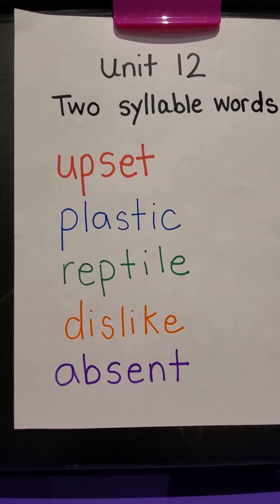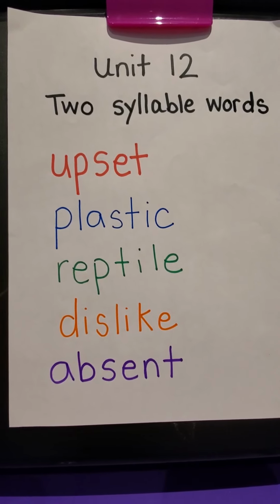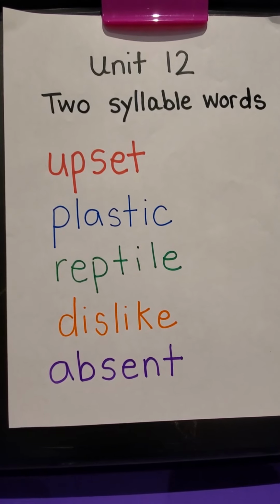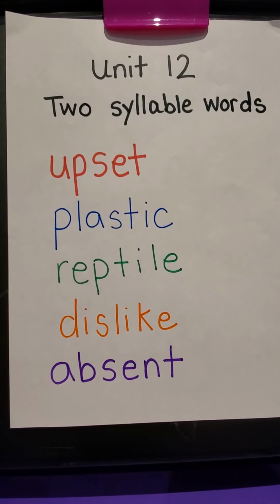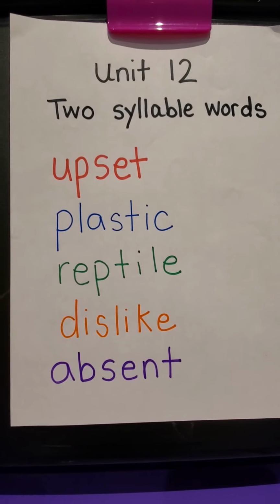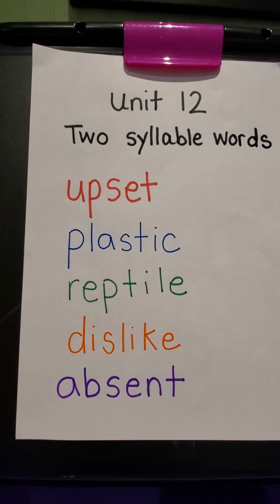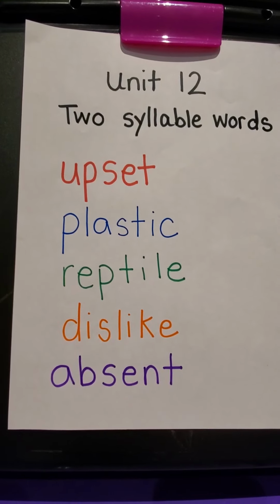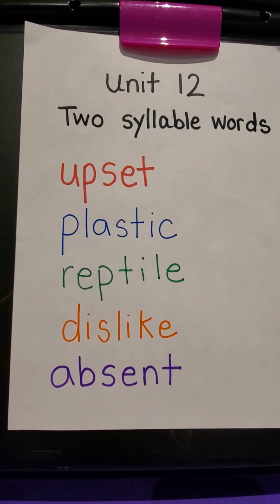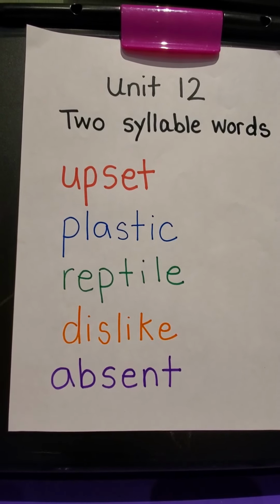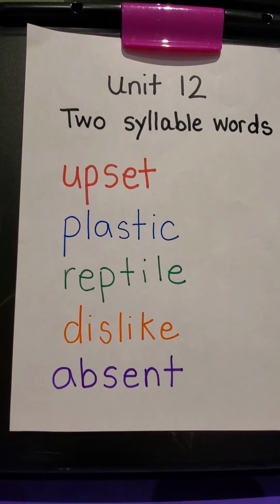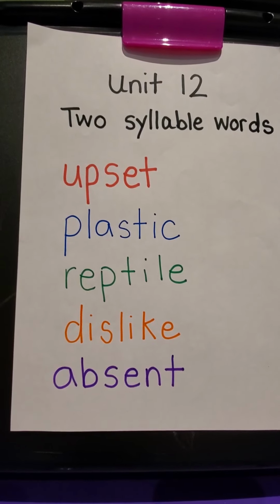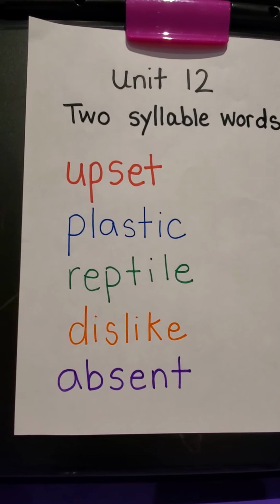Sometimes a two-syllable word can be a compound, but not always. Like, what's a good example? Like birthday. Birth is a word, day is a word. They're both one syllable. You put them together and it's birthday. But like I said, it's not always a compound. Usually it's just two parts.